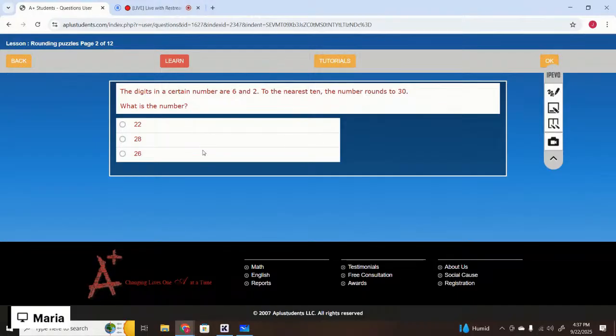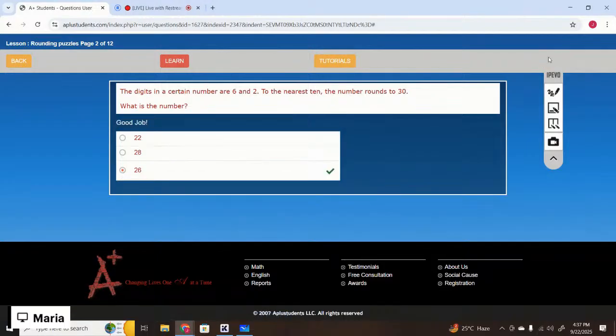It would be 26, right? Because 26 is rounded to 30. So the correct option is 26. Very good.